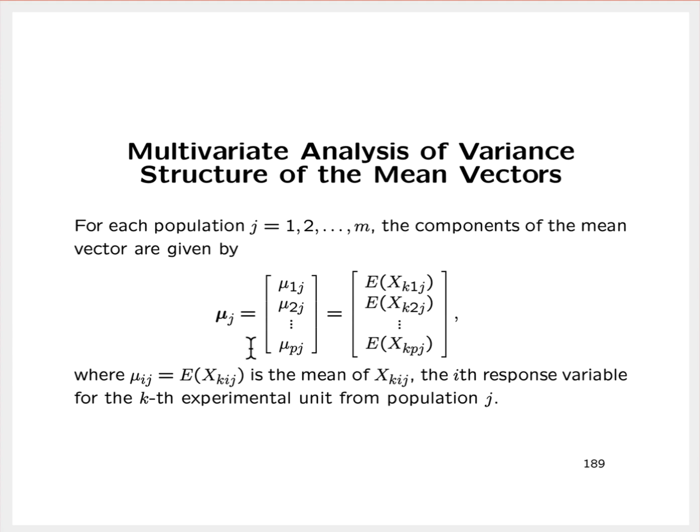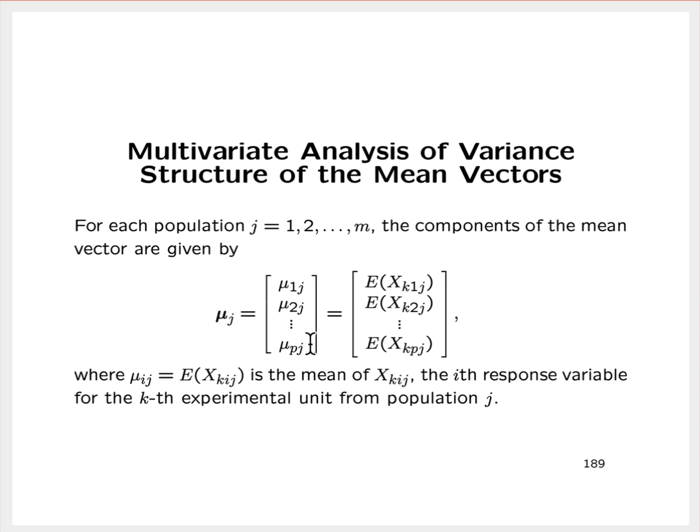Remember, it's a p by 1 vector because we're dealing with p by 1 random vectors, so there are p random variables, p response variables that we're measuring on each experimental unit. And so the first entry in mu sub j is mu sub 1j. The second entry is mu sub 2j, and so forth down to the last entry, mu sub pj.